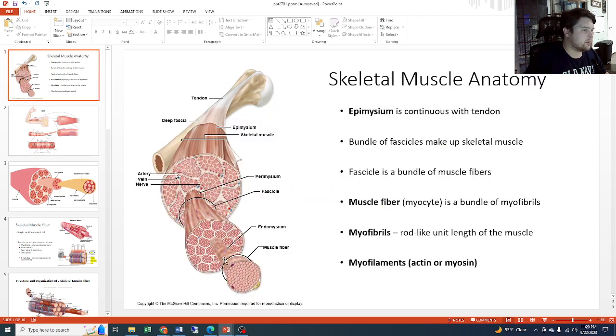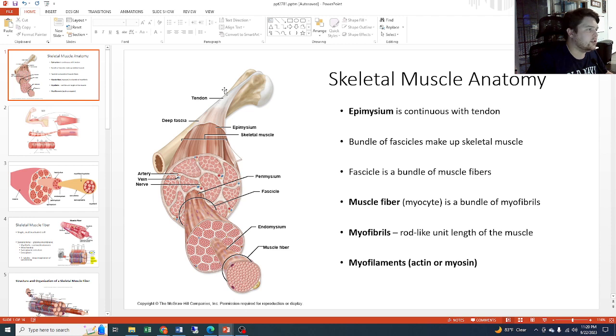So we have that muscle fiber, and within the muscle fiber, it is made up of myofibrils. These are rod-like units running the length of the muscle. So each of these muscle cells literally is running from one end of the muscle all the way to the other end.